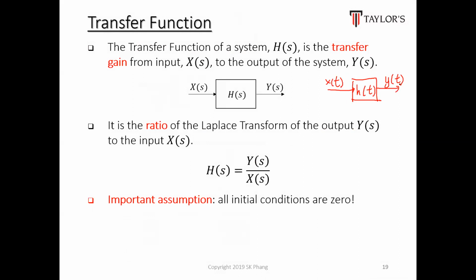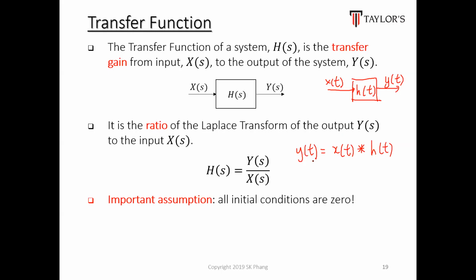Now, we know from our previous lectures that the output is equal to your input convolved with your system impulse response, correct? That is how you get your output.